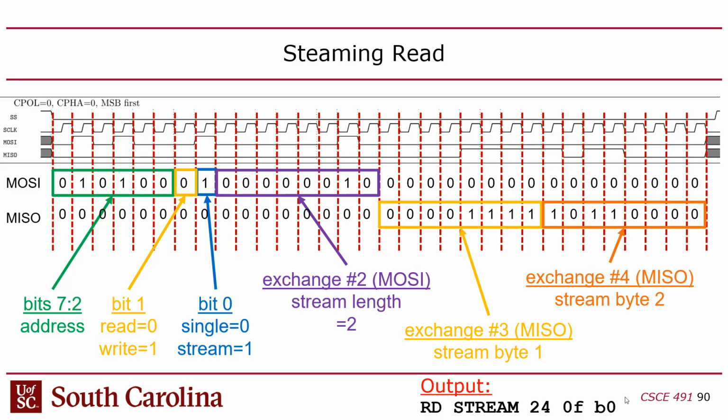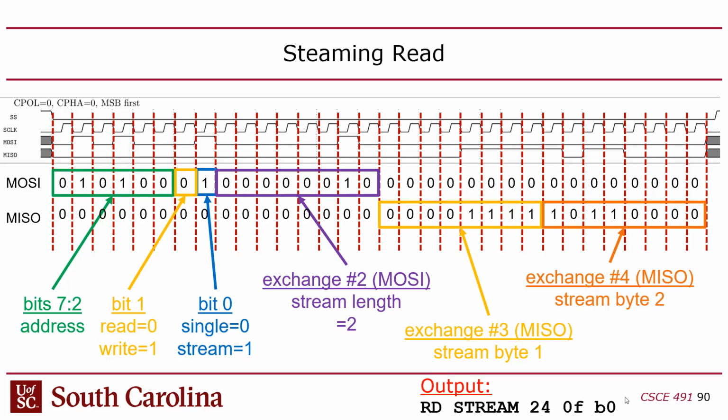But instead of the accelerometer approach of streaming until slave select goes high, we have a slightly modified version here, where if you do a streaming transaction, the second 8 bits coming from the master is the stream length. Which means that you end up with a 16-bit header, a two-exchange header packet.